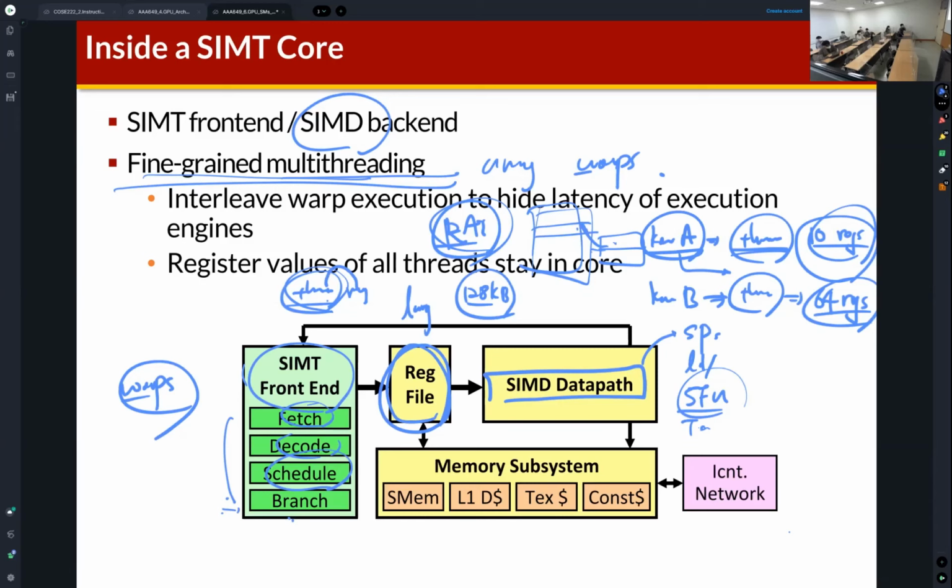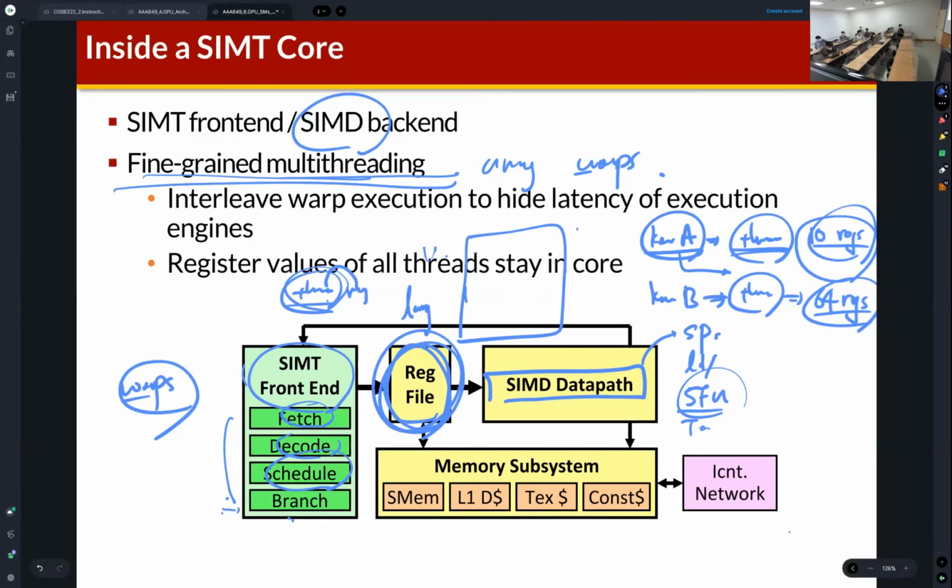Like the register alias table technique of the CPU domain, the GPU has a very large physical register file, and each register number of the thread is dynamically mapped to a location of this physical register file.